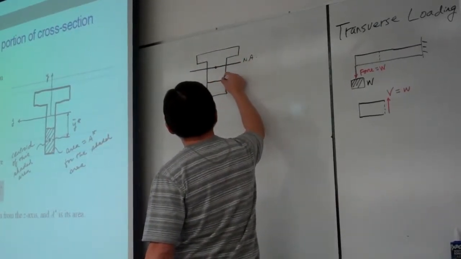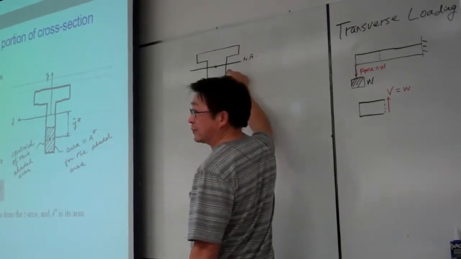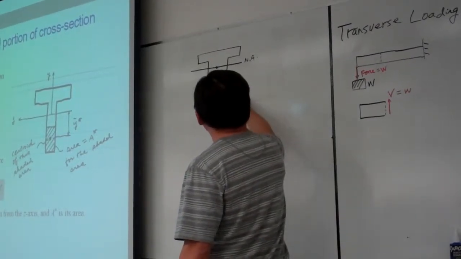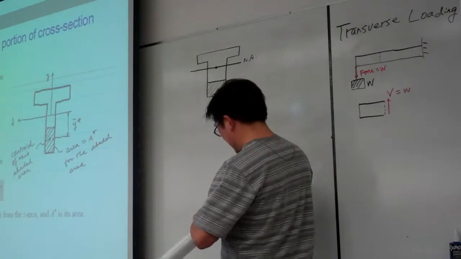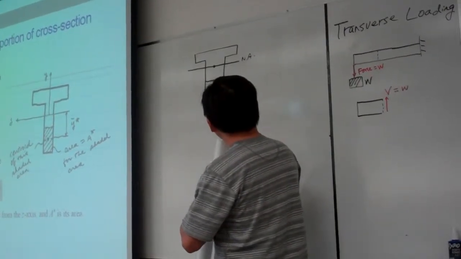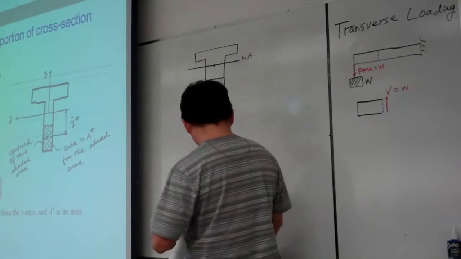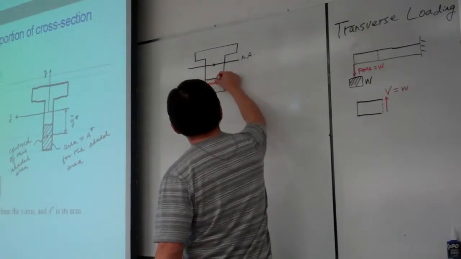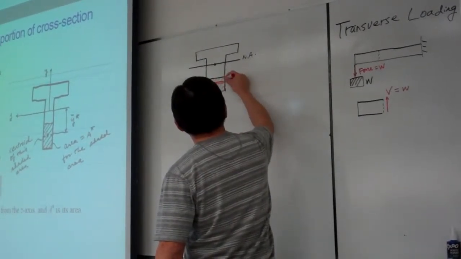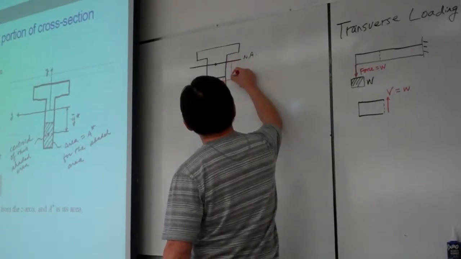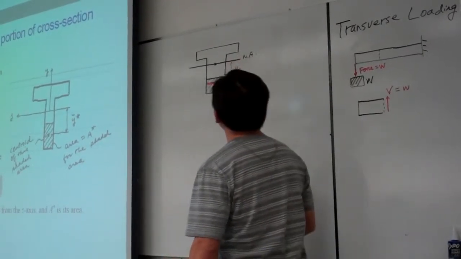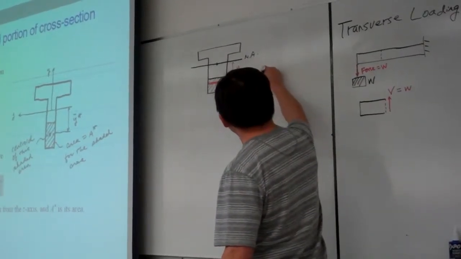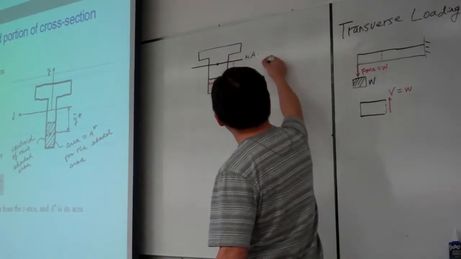For example, I pick this level, which is arbitrary, and from this level I pick this shaded area, over which we're going to integrate the bending stress. In this small strip, at a position away from the neutral axis, let me call it y, the magnitude of the bending stress is My over I.